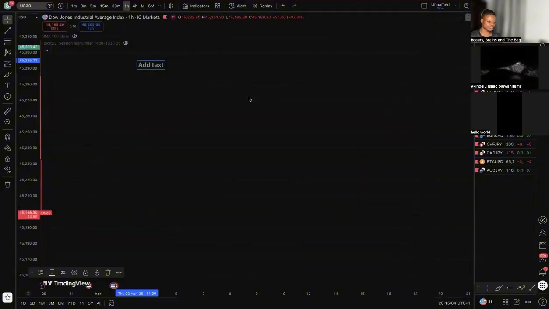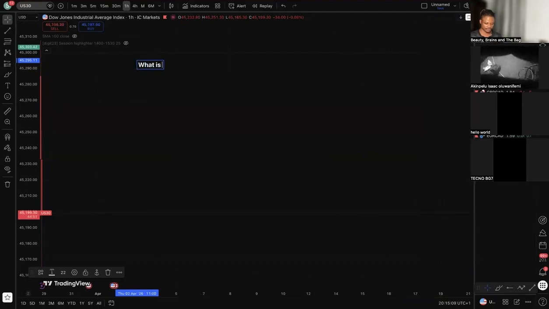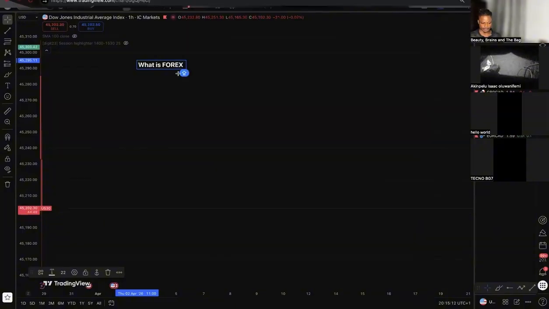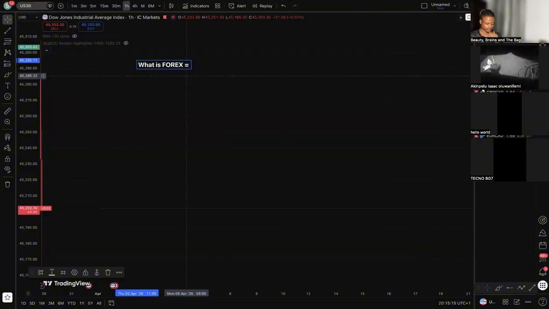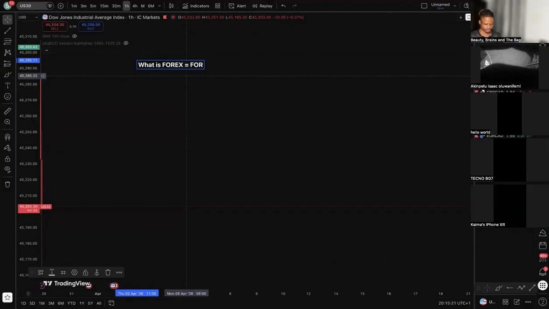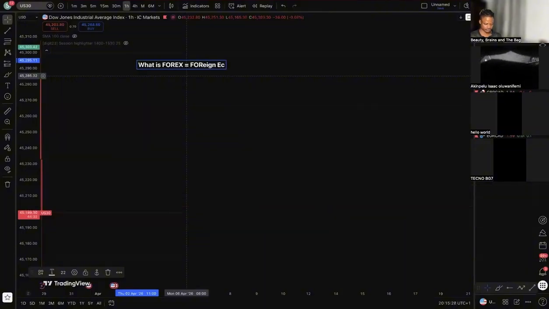So we'll start with what is Forex. Okay, Forex is an abbreviation of foreign exchange, which is basically just the exchange of currencies or commodities.